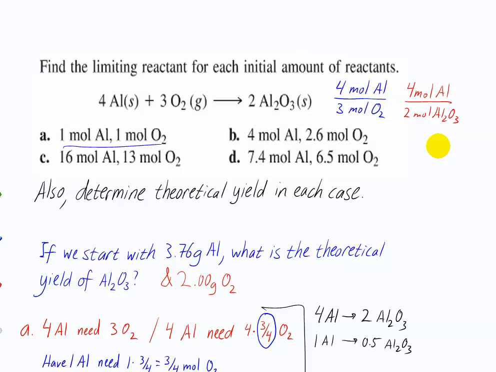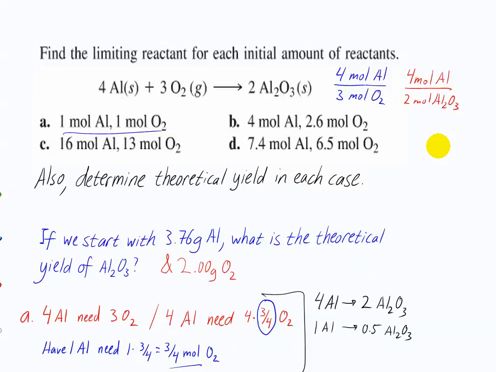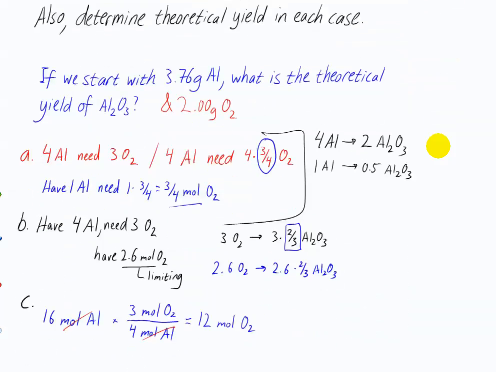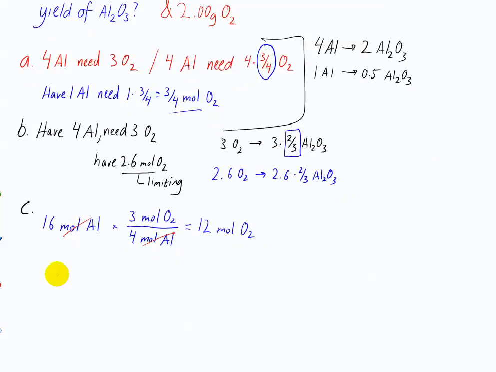Since our limiting reactant is aluminum, that means that for the theoretical yield, we need to take those 16 moles of aluminum and again use that ratio, and we use a ratio where the moles of aluminum cancel and we're left with moles of alumina or aluminum oxide.